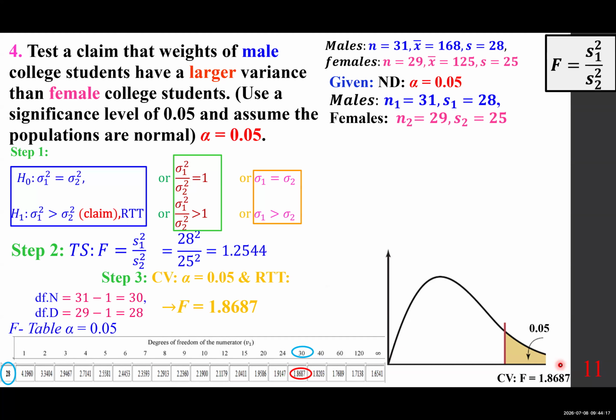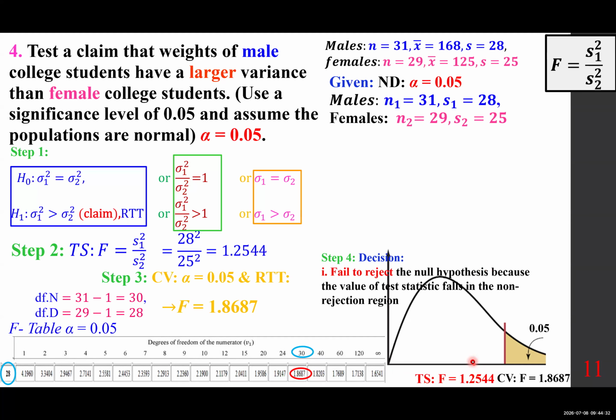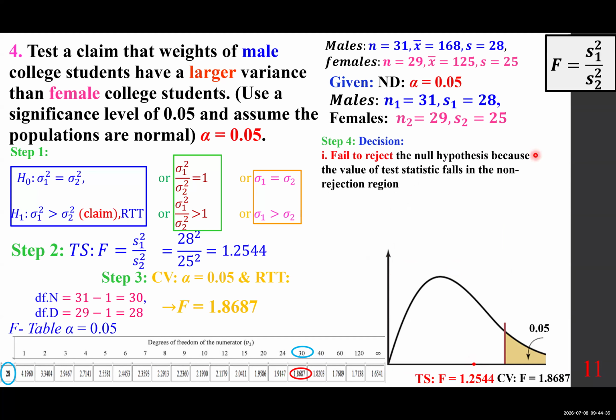As far as the test statistic is concerned, it's somewhere here, which is way into the non-rejection region. Therefore, fail to reject H0. We fail to reject the null hypothesis because the value of the test statistic falls in the non-rejection region.